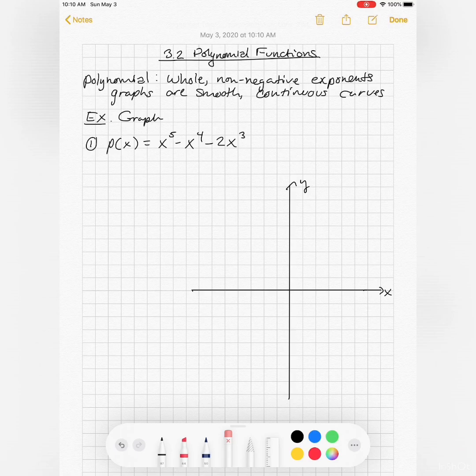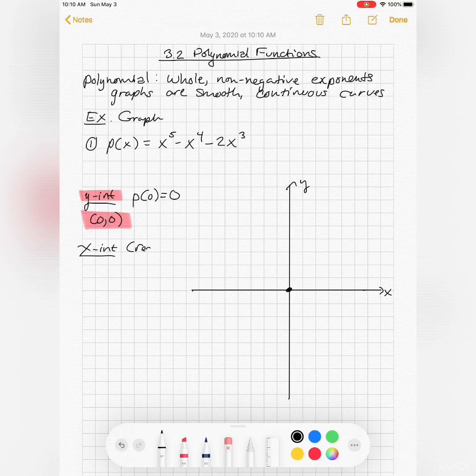Okay, what about some things that we already know how to find, like the Y-intercept. That's an easy one. What about the X-intercepts?